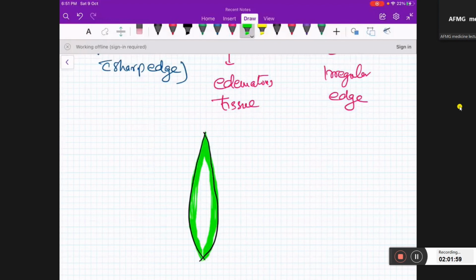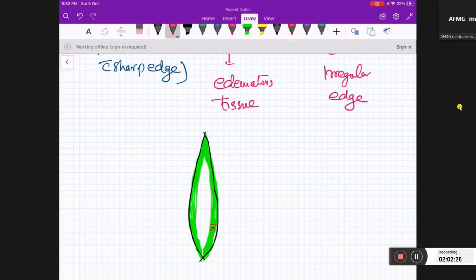I'm giving you an example on skin, but this is applicable everywhere. In a simple interrupted suture, whatever two edges you are approximating, imagine this X is the thickness of this tissue, the skin.